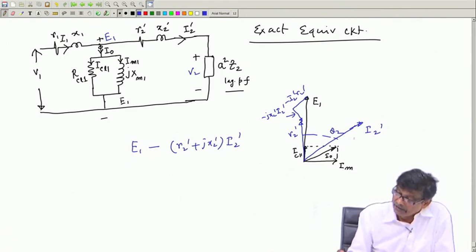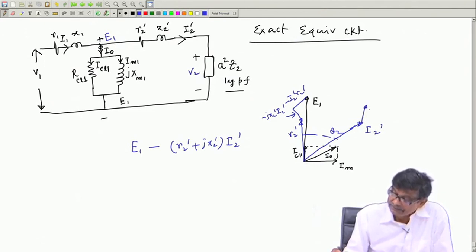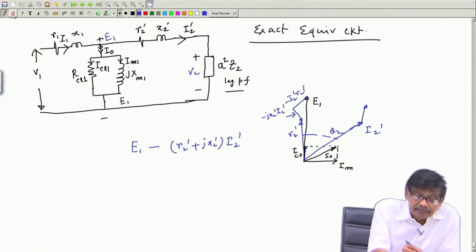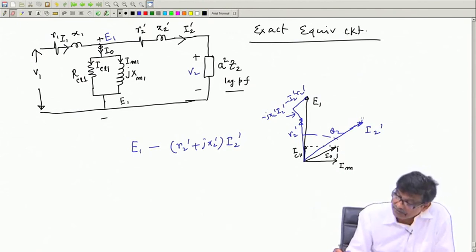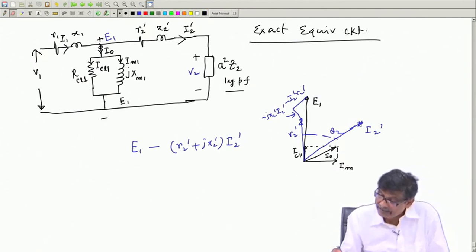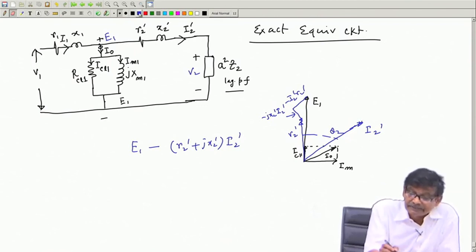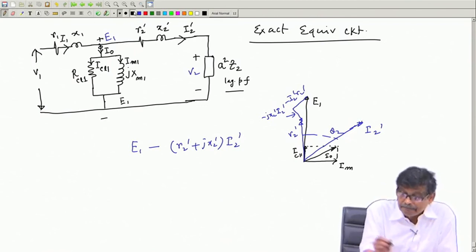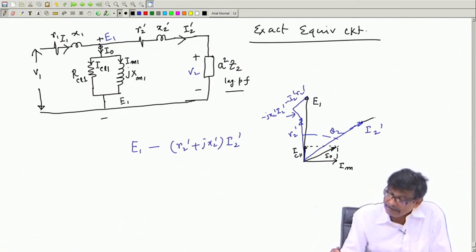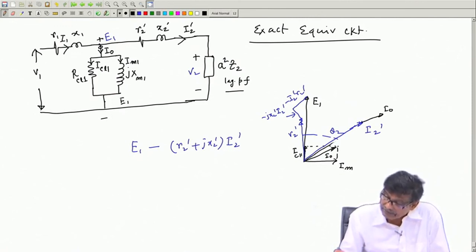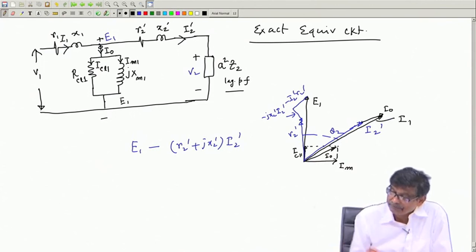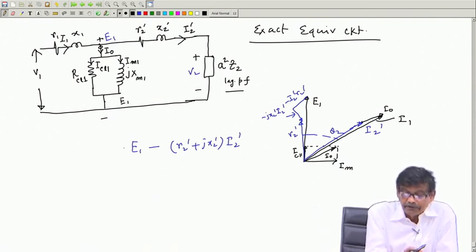Then I naught plus I 2 dashed will give you I 1. I can do that and get I 1. I am looking for where is my V 1.